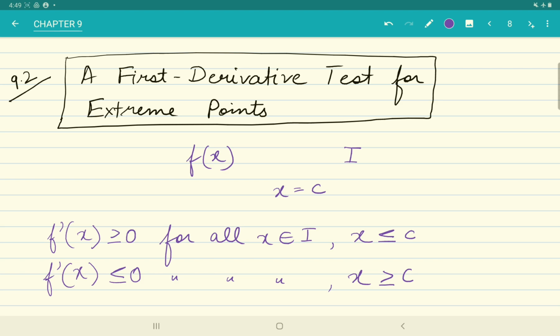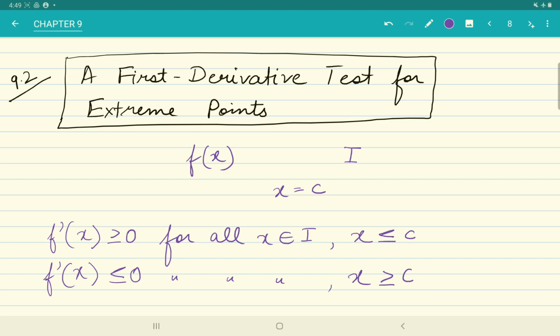And if we think of the second point, that is f prime x less than equal to 0 for all x belonging to I, such that x is greater than equal to little c.